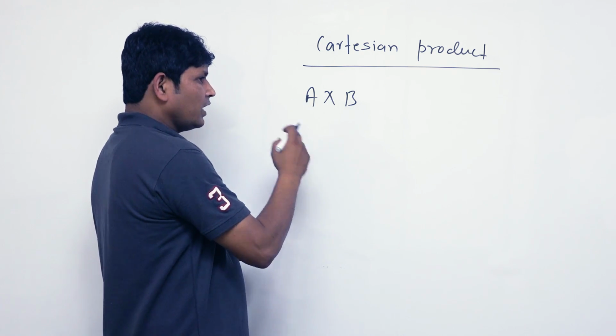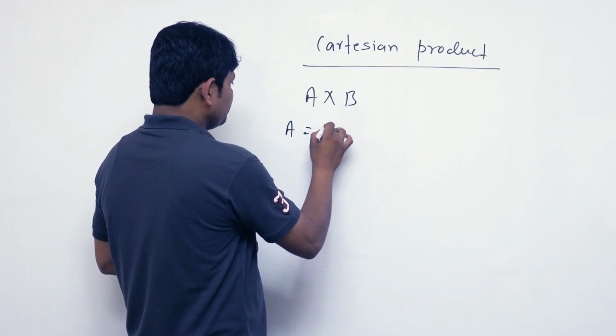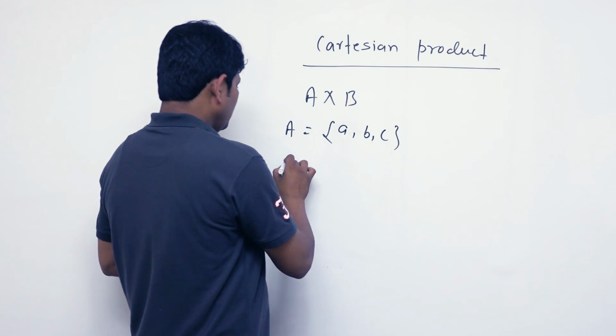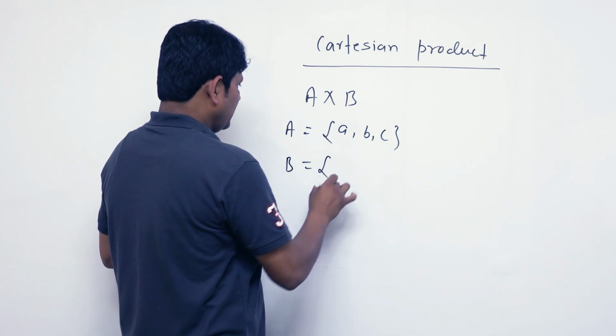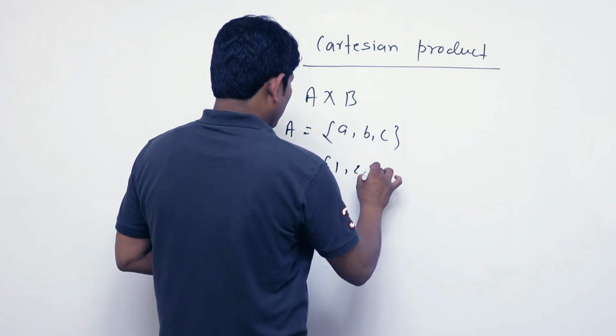I will show you the relation by arrow diagram. Suppose A is the set with elements a, b and c, and B is the set having elements 1, 2 and 3.